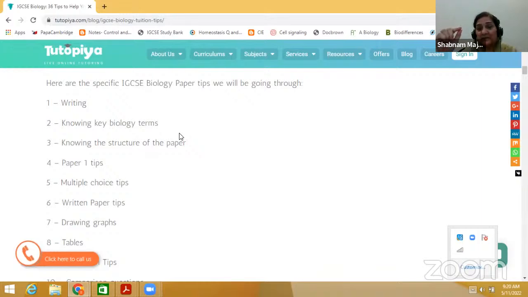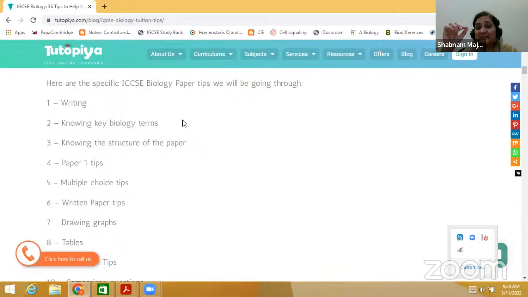These are key terms. Suppose when I start any topic, for example the movement of substances in and out, I start the topic by introducing you to the biological key terms: hypotonic, hypertonic, water potential, and so on. Same is the case with enzymes, any topic. So biological terms are very important, and you need to focus on their spellings as well.